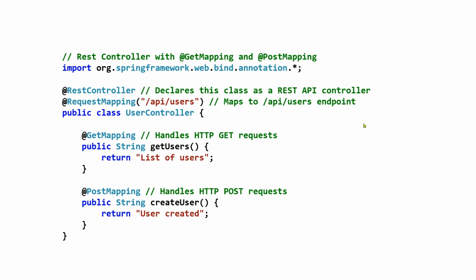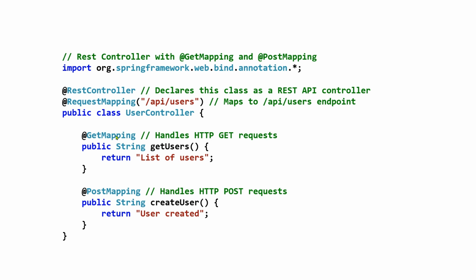next are the HTTP mappings. For HTTP, there are @GetMapping, @PostMapping, @PutMapping, @DeleteMapping. These are the shorthand annotations for handling a specific HTTP method. If your method is a get, then use get mapping. If your method is for post, that is saving any data, then you need to use post mapping.